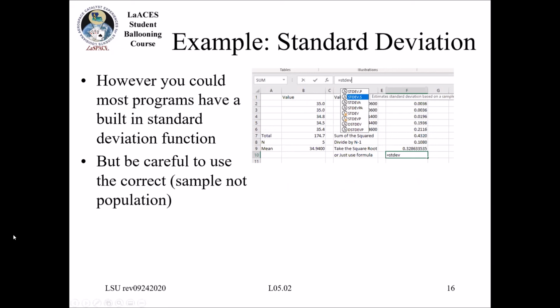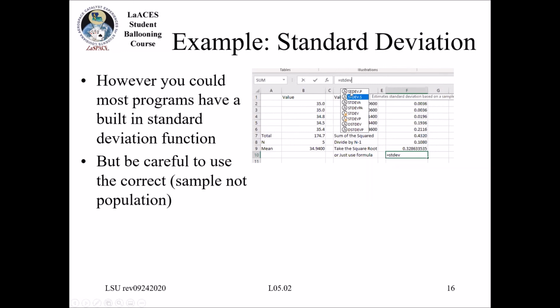And I'm sorry if this does not show up too well on the screen, but feel free to download the slides. This is what the functions are called in Excel. In different programs, they're probably going to be called different things. But the key thing to be careful of is there's going to be multiple functions called standard deviation because, like I said, there's also the population standard deviation and the sample standard deviation.